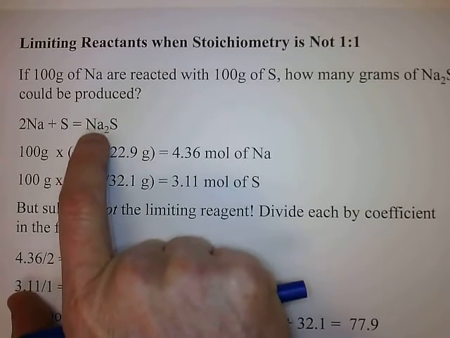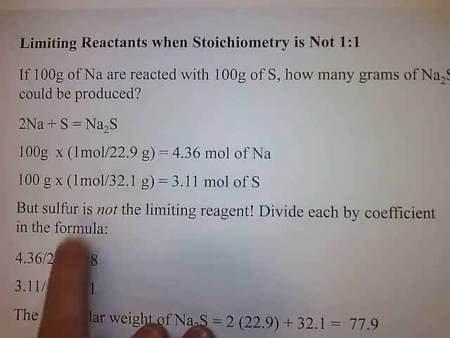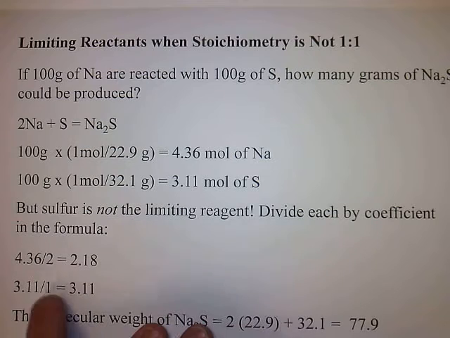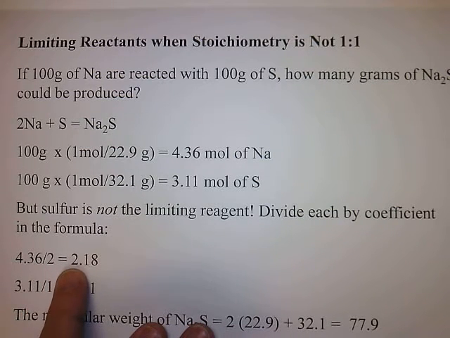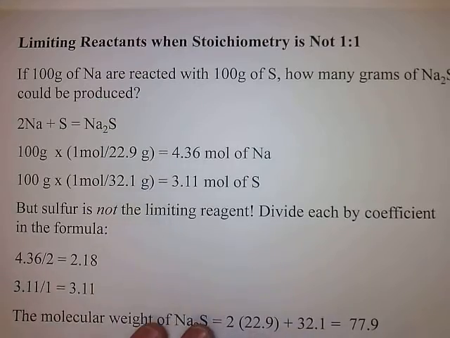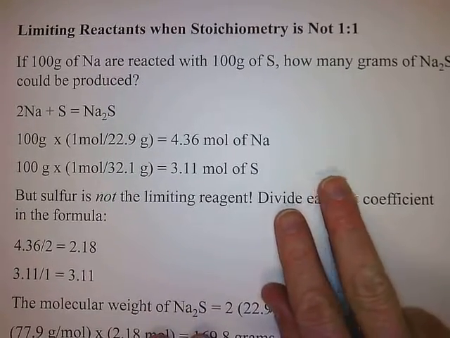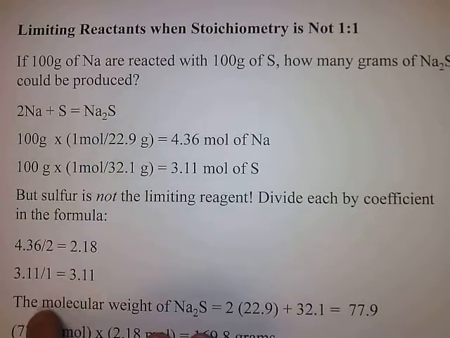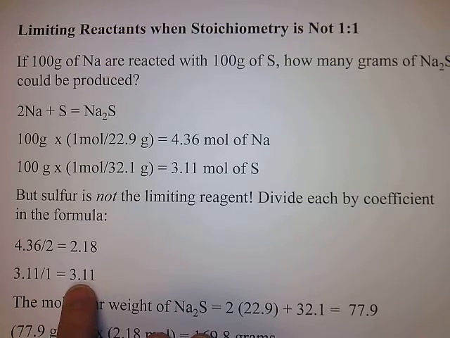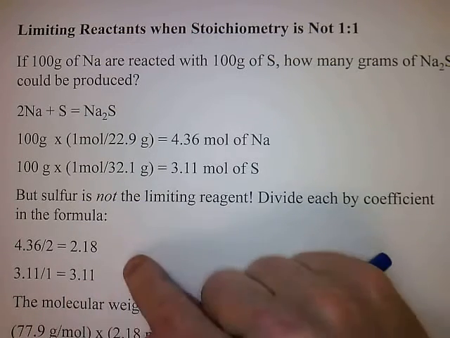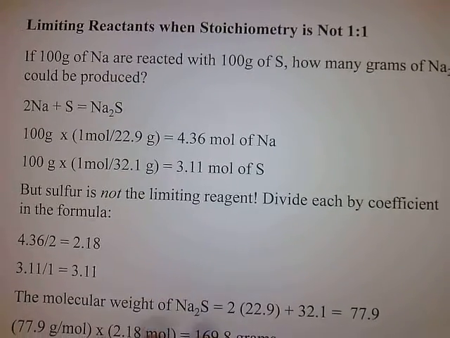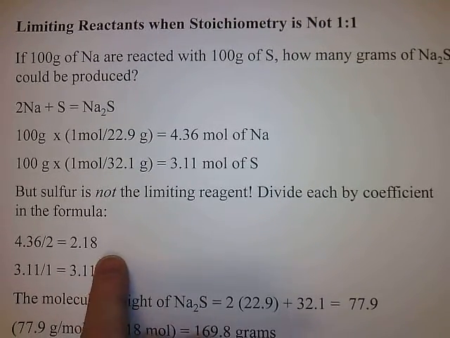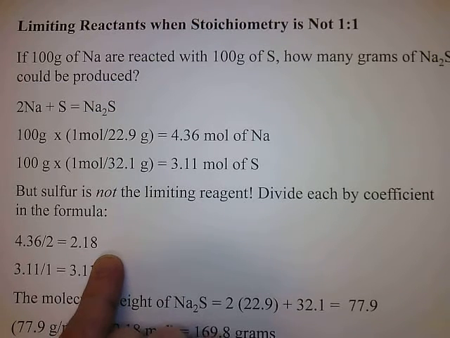There are 2 sodiums required for every 1 sulfur. So we take the 4.36 moles of sodium, divide that by 2, and get 2.18. And 3.11 divided by 1 is 3.11. Then you look at which of these numbers is smaller. That tells you the limiting reagent, and the limiting reagent is actually sodium.